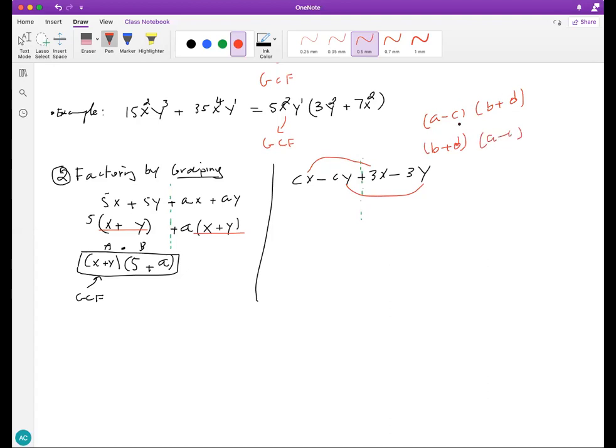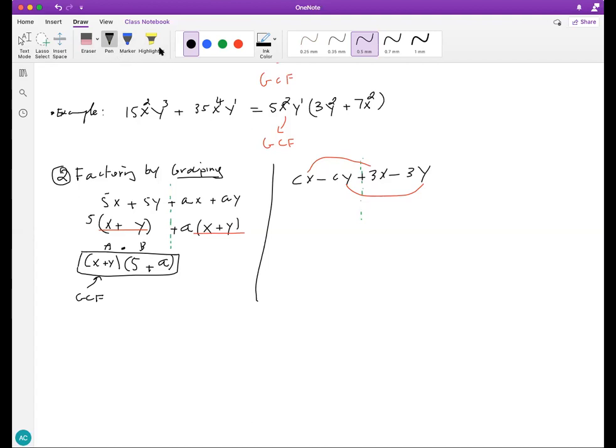You can always feel free to rearrange the terms. They're not always conveniently placed like this for you to see, but sometimes they could be shuffled around, so you could rearrange them until you find groups that have something in common.